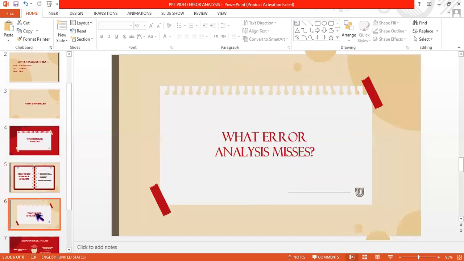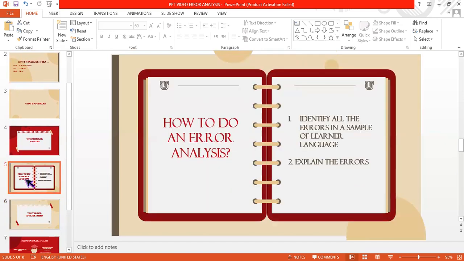Sorry, the second is explain the errors. Once you've identified systematic errors in your sample of learner language, think of what might have caused those errors. There are several possibilities. Some errors could be due to native language transfer, using a rule or pattern from the native language.